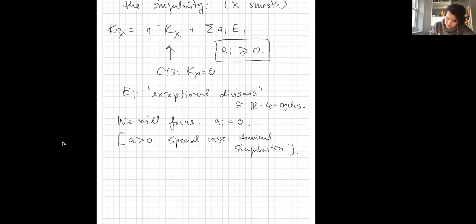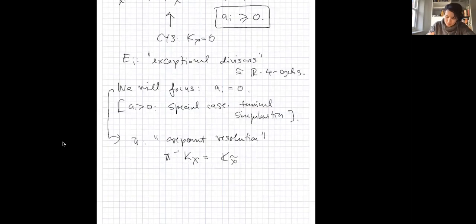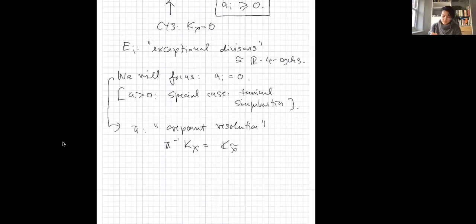So we'll focus on a_i equal to 0, and this actually means that π is then what's referred to as a crepant resolution, and in our case, both of these are trivial.